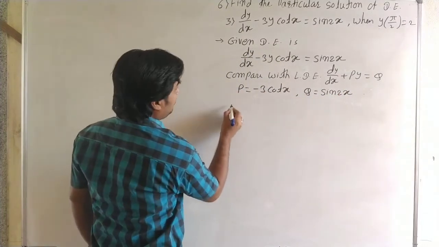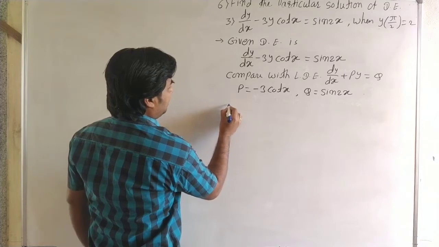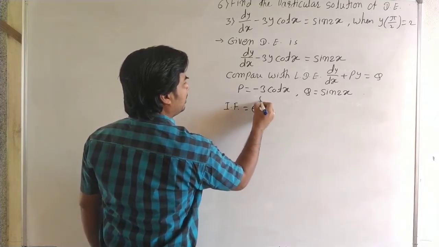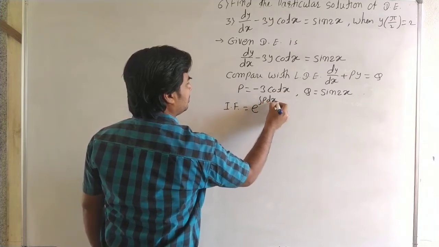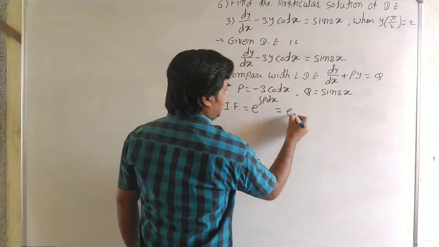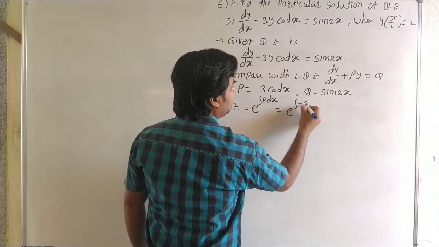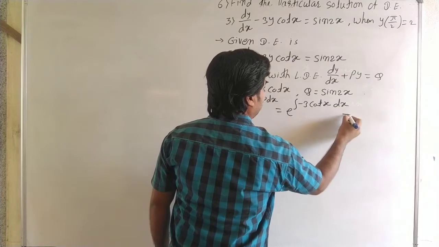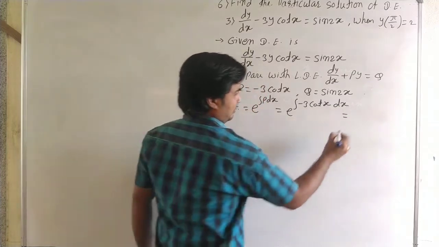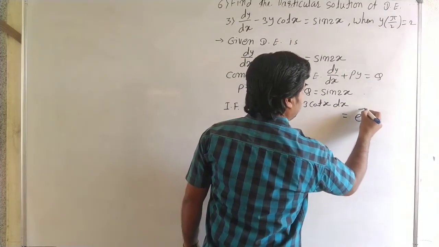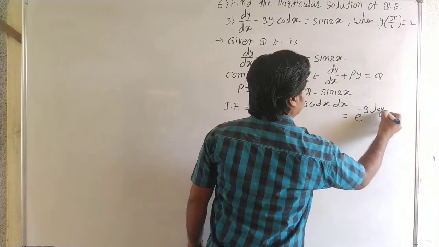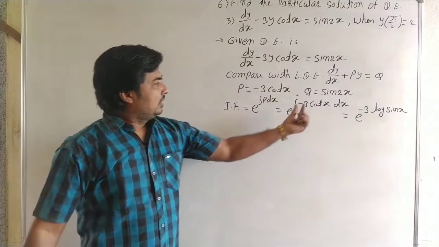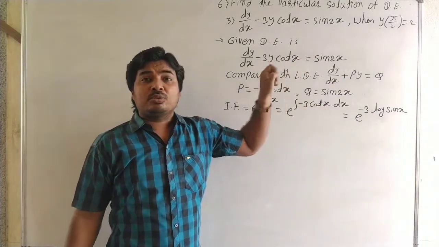Now here first find the integrating factor. Therefore the integrating factor is equal to e to the power integration of p dx. See carefully, e to the power integration of minus 3 cot x with respect to x, and the integration of cot x, here e to the power minus 3 as it is, and integration of cot x is log of sin x.